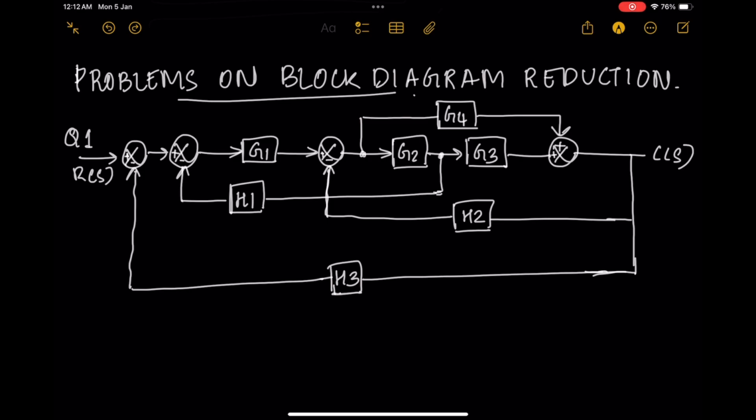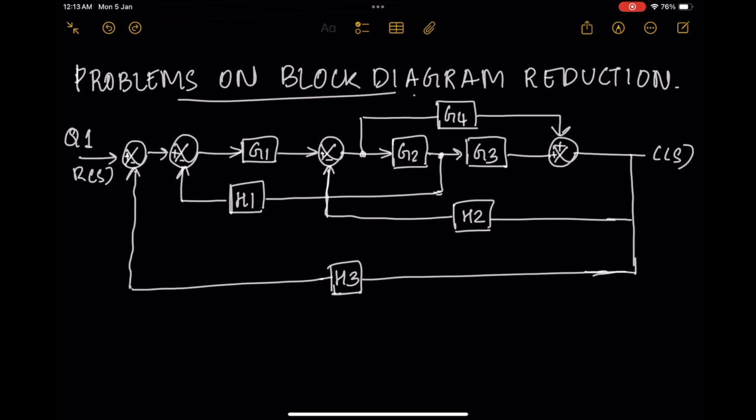Then there comes H1, but it is not a loop inside a loop. It is somewhat like a loop in between two loops. So I'll reduce in such a way that there will be a huge loop and all the other loops come within that one. That's what I'm going to do here.